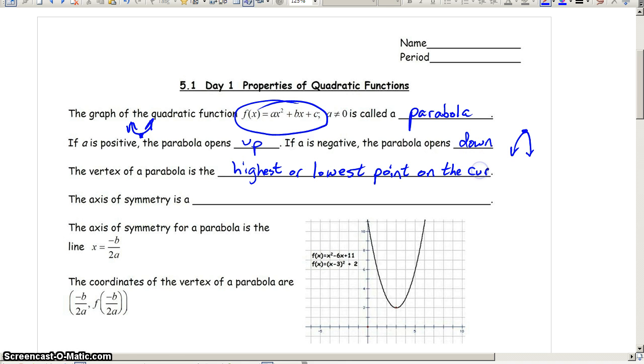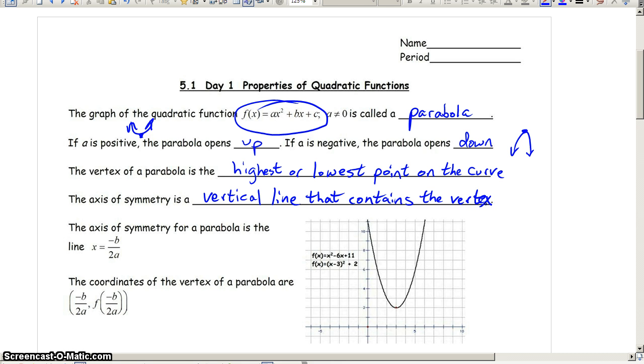Another major feature of a parabola is that it will be symmetrical. An axis of symmetry is a vertical line. It's a vertical line that passes through the vertex, and it's going to go right down the middle of the curve.